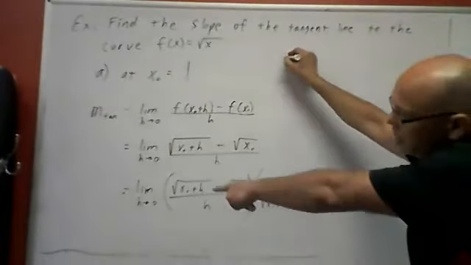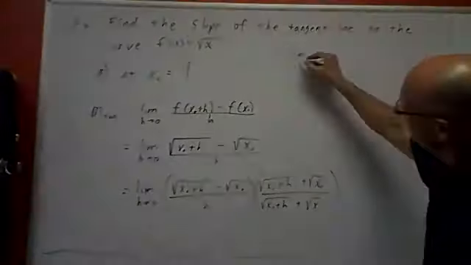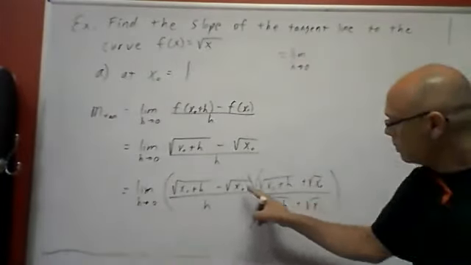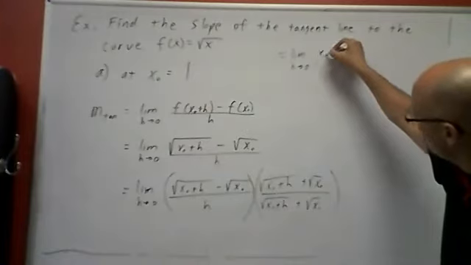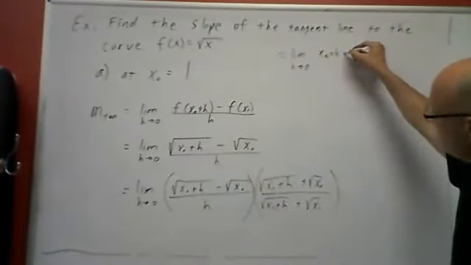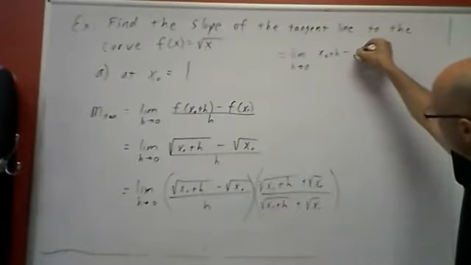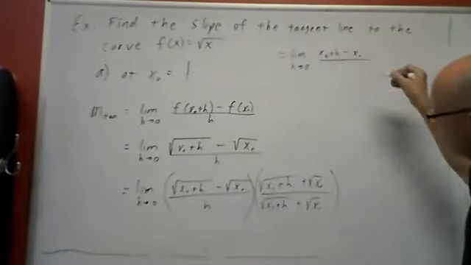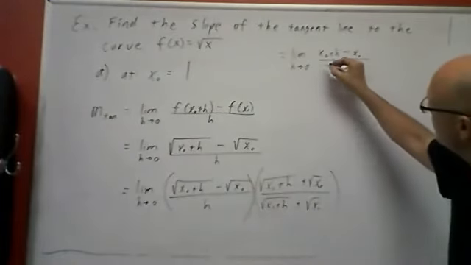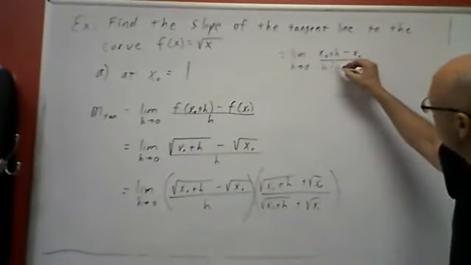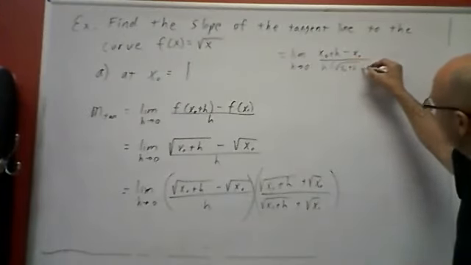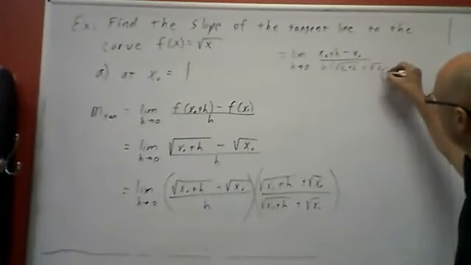I still have the limit as h approaches 0. Now, if I multiply this out, I get x naught plus h minus x naught at the top, and down below I have h times the square root of x naught plus h plus the square root of x naught.